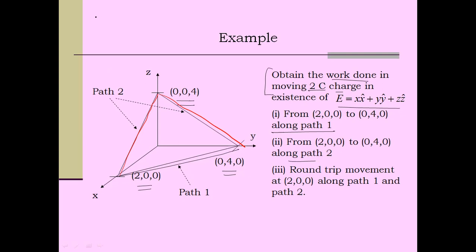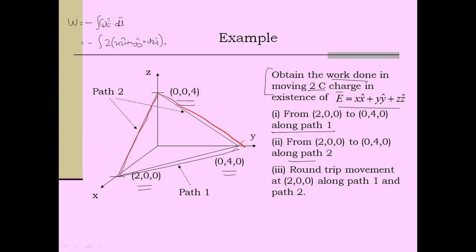So let us proceed with this calculation of work. From what we have learned previously, the work within the electric field intensity is defined as W equals negative integration of QE dot dl, where Q equals 2 coulomb, and the electric field is x direction of x plus y direction of y plus z direction of z.